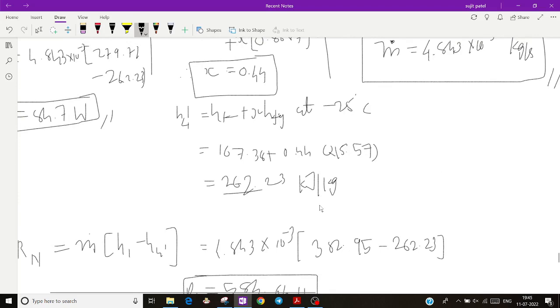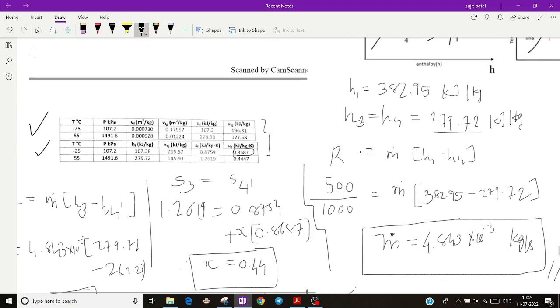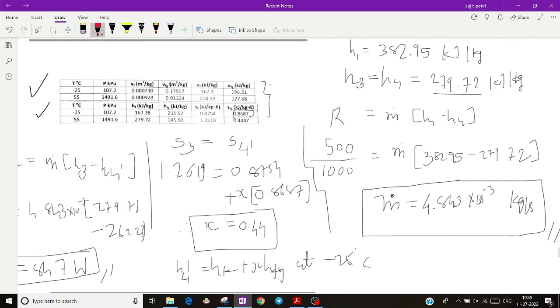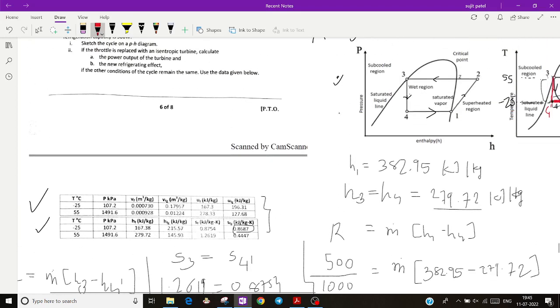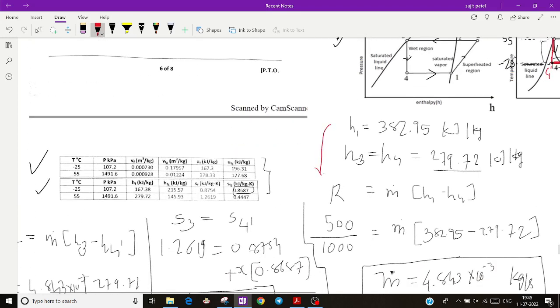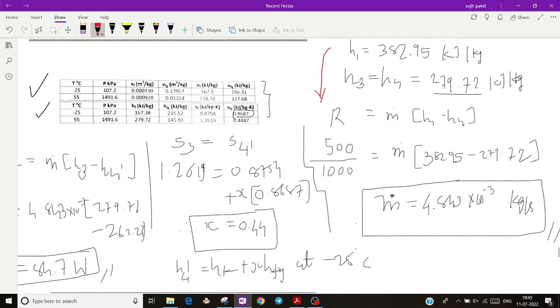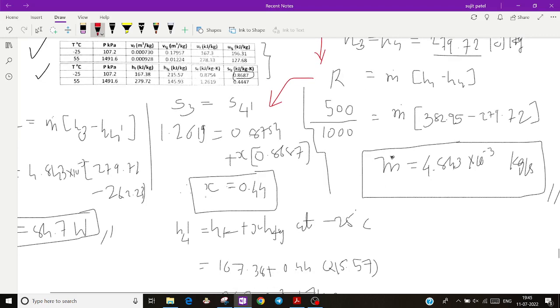So I hope you understand this point. Where the sequence goes, I am writing the sequence. First we find out H1 and H3, then the refrigeration effect. From the mass flow rate we first find the dryness fraction.